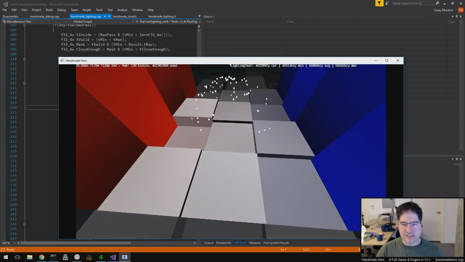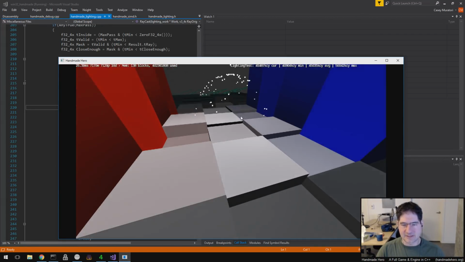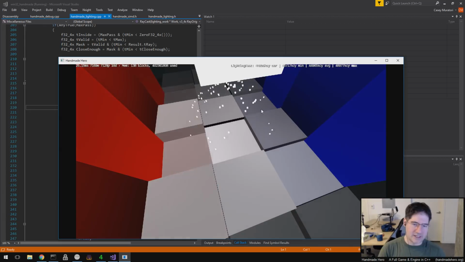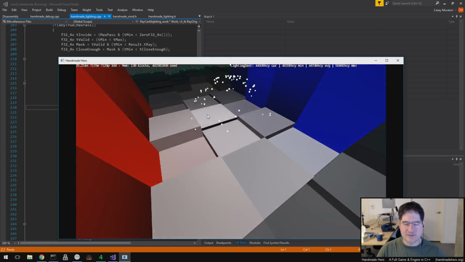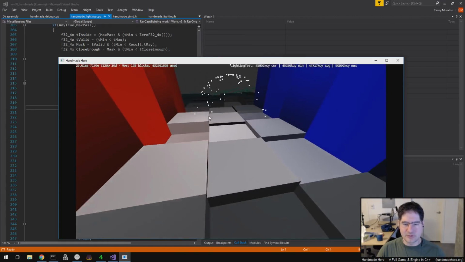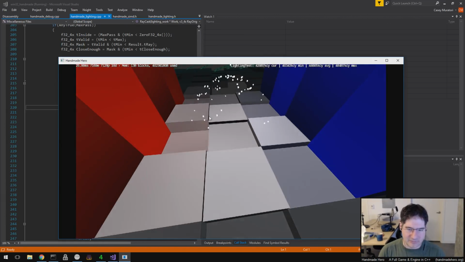But what we do see here is that it's not an even sampling. Remember we talked about white noise versus blue noise. What we're looking at here is something reminiscent of white noise. What we want is something more reminiscent of blue noise, which is to say that the points on the hemisphere want to be placed in such a fashion as to ensure that any individual part of the hemisphere is not too far away from a sample point, right? We want to make sure that we get coverage with our points.